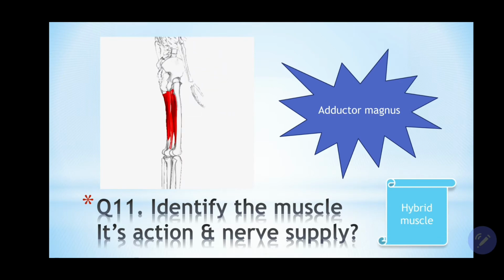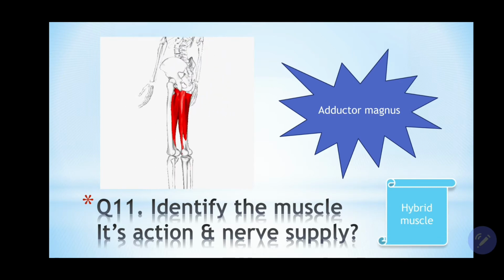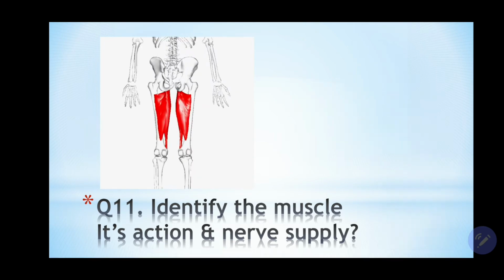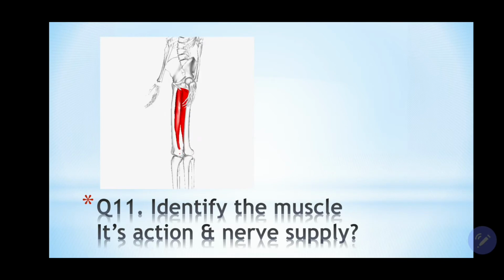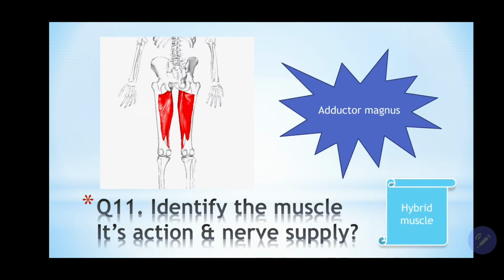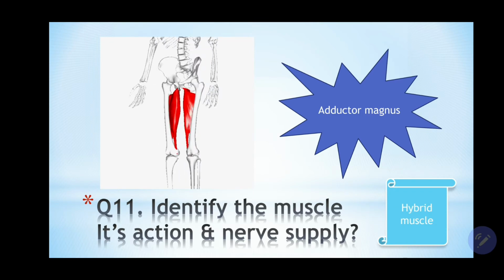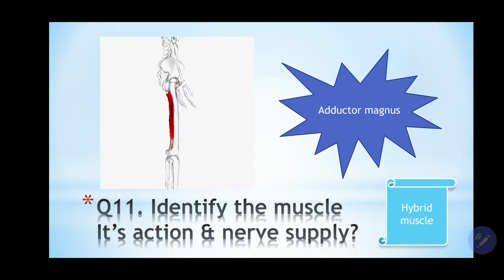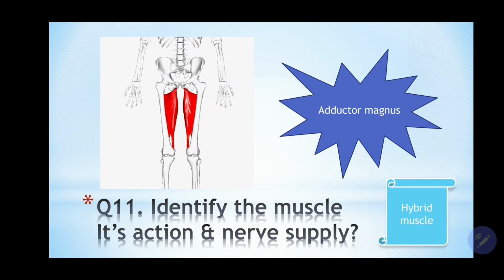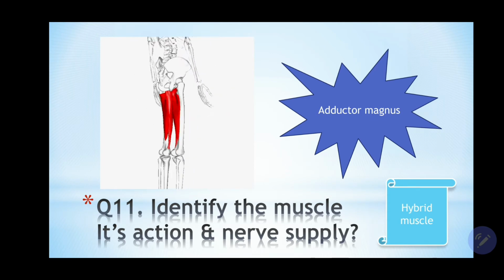Okay, so the origin of this muscle has a lot of importance to understand. So listen. We are talking about this muscle, adductor magnus, and it's a hybrid muscle belonging to two compartments. So about the origin, it has a hamstring portion and an adductor portion. The adductor portion, all the muscles in the adductor compartment, take origin from the pubis.